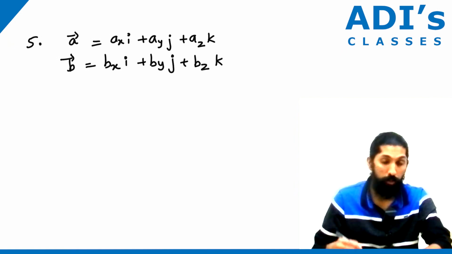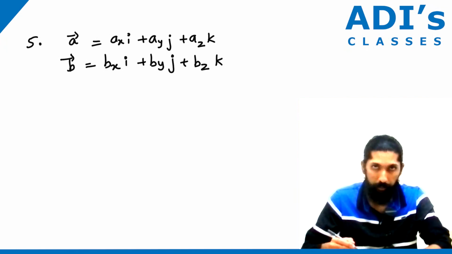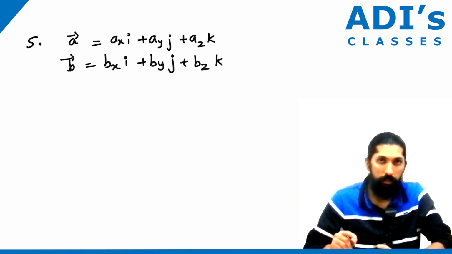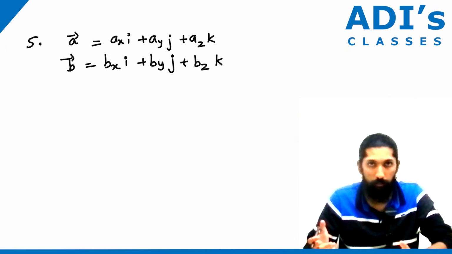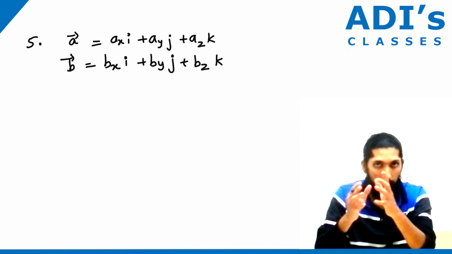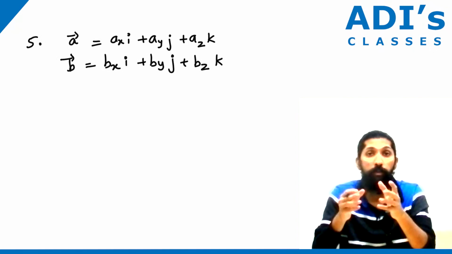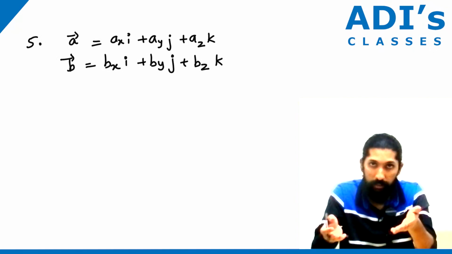Now, whenever we do the dot product between vector A and vector B, fine. Since we have resolved this into components, there is no angle theta whatsoever, correct? Theta comes only whenever we are taking the two vectors as they are.